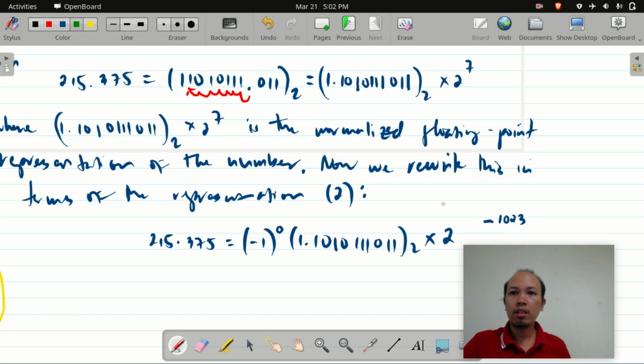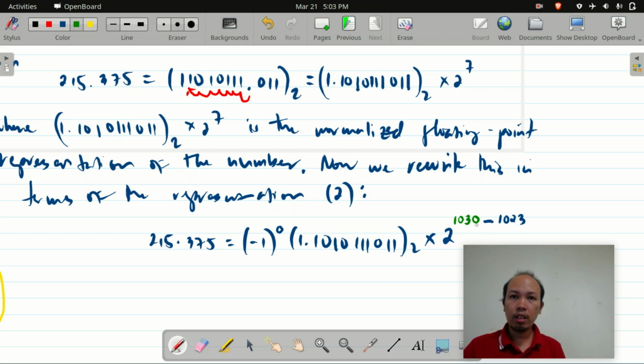Is this true? 1030, because 1030 minus 1023 is equal to 7.